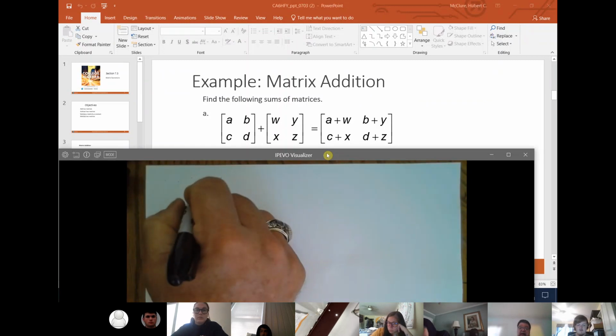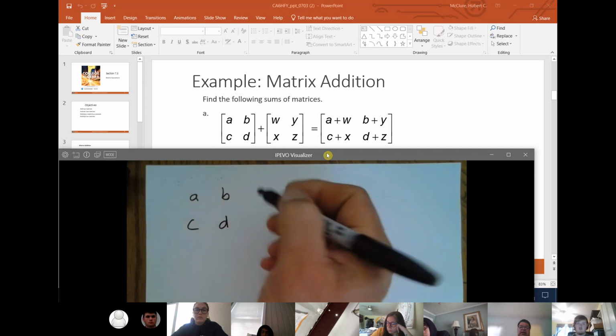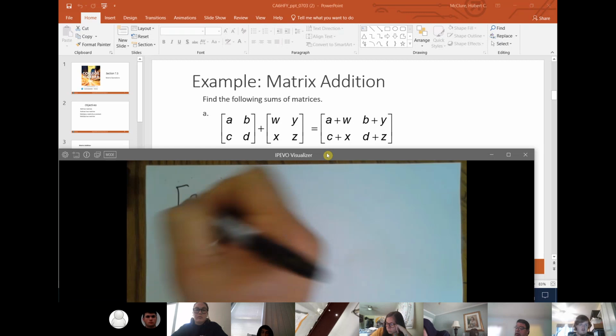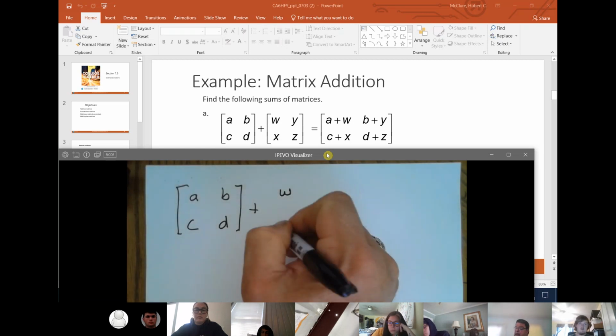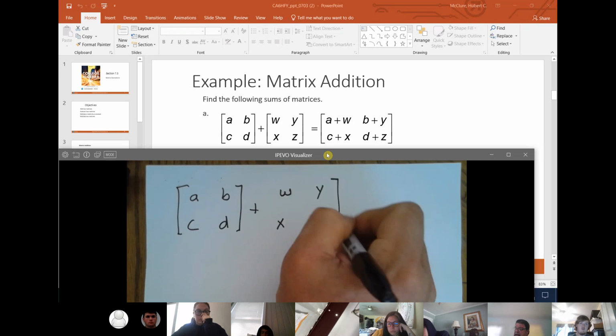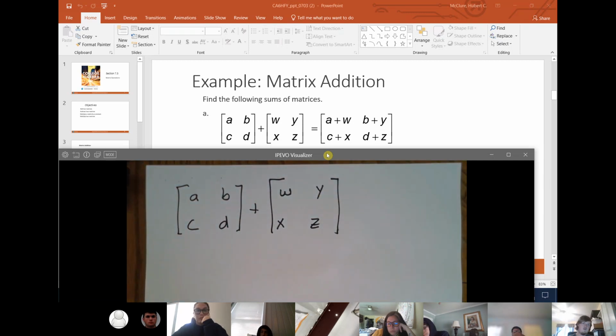And you got A, B, C, D, and then you got plus W, X, Y, and Z. And I like to tell students go from row to column, row to column, row to column.